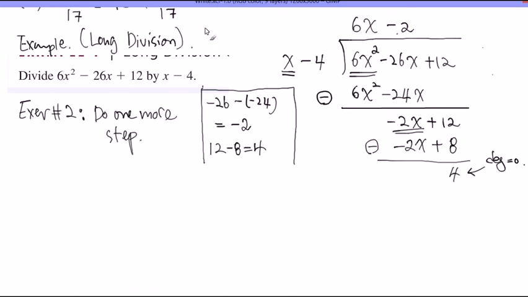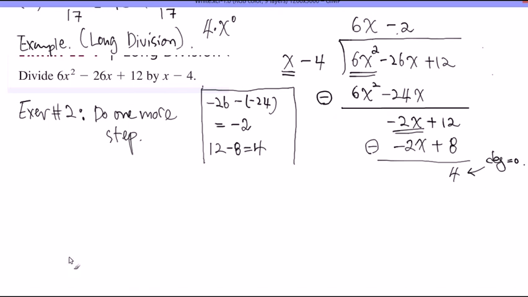So you can look at it as 4 times x to the 0. Since x to the 0 as an indeterminate is considered 1, that's why I call it degree 0. Make sense? All right, so do we have one more step to go? No. This is degree 0, which is less than the degree of the divisor, right? This is where we stop. That's the answer to exercise number 2.